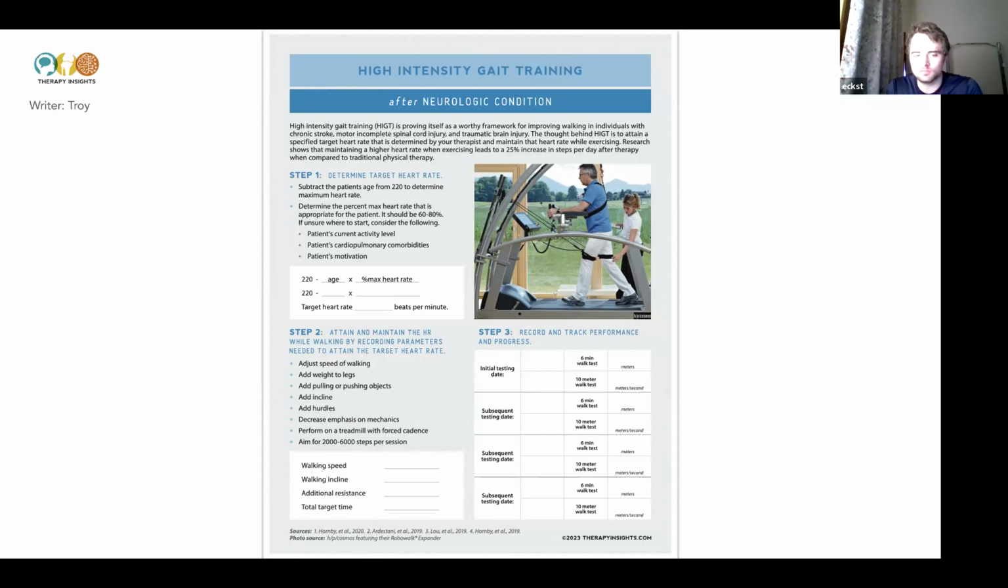Yeah, I know, and actually, as we move on to this next piece, maybe this is a good time to do it, talking about the article that supports some of this, right? So we have a little bit of a theme here in this resource, and then the next article that's coming up about high intensity gait training and improving outcomes.